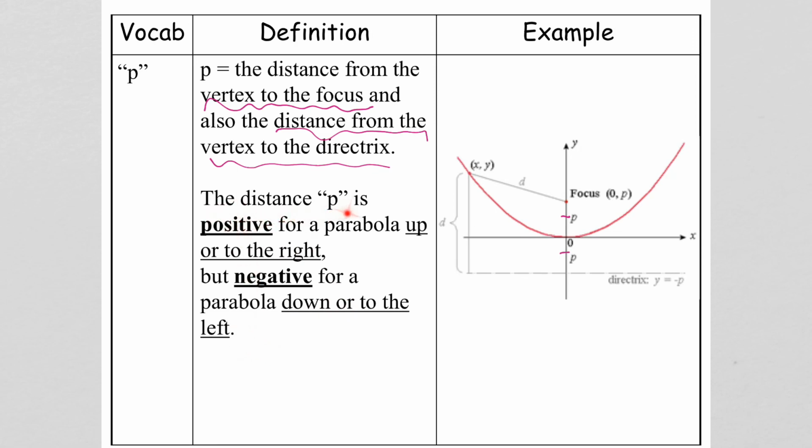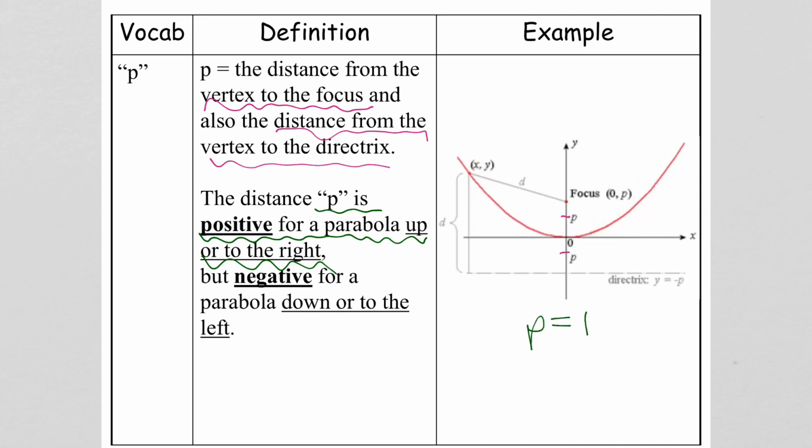The distance p is positive for a parabola that is up or to the right. I'll underline that for you. So p is positive for a parabola up and to the right, and in this example, because our parabola is up, p would be positive.